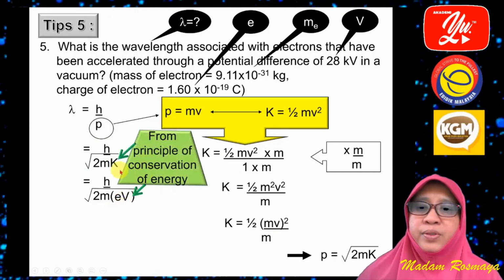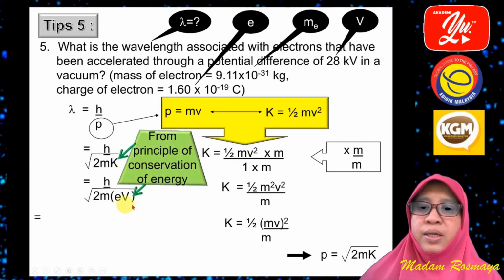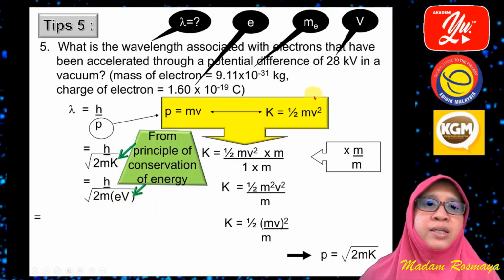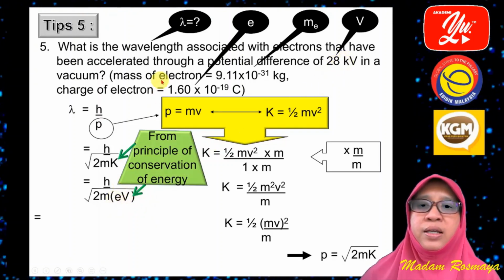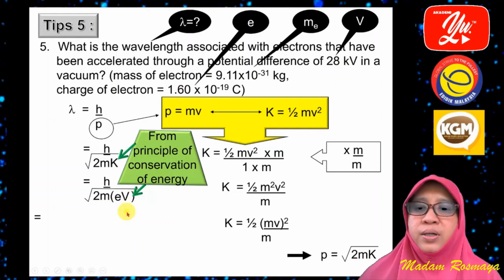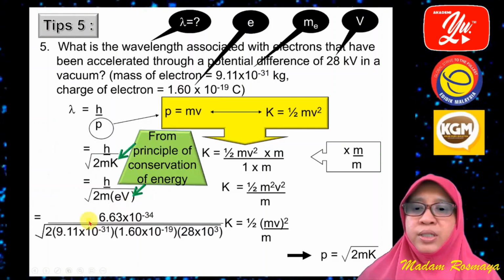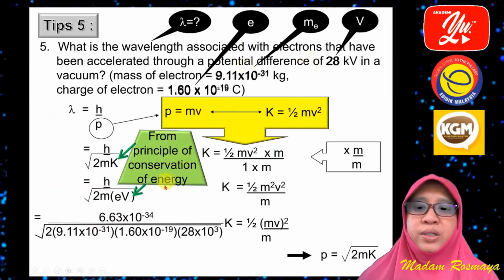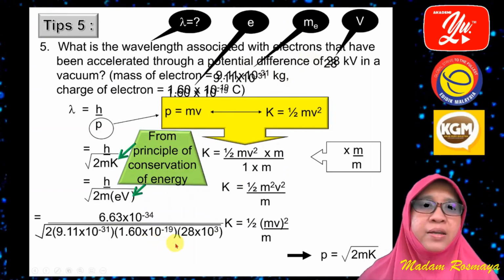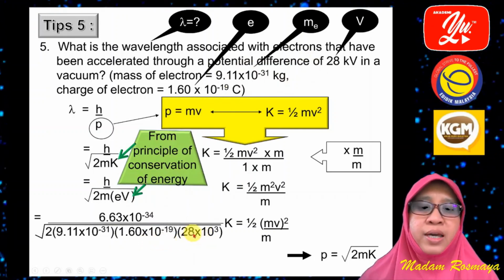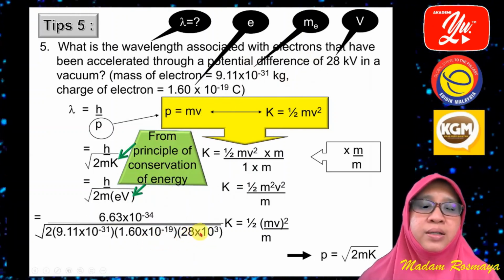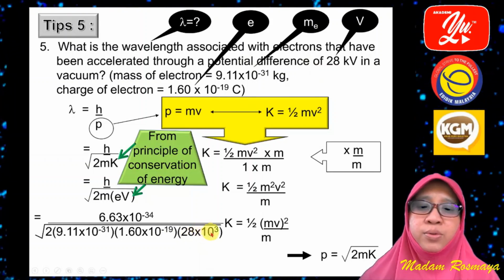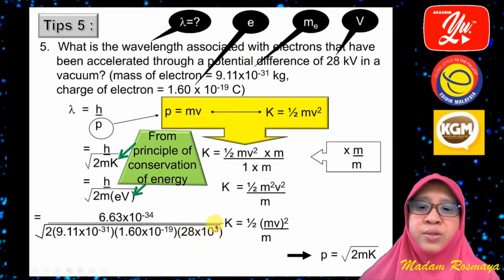So from here we can substitute the V here, 28 kilovolt, and the charge of electron. We substitute all these values into the equation, and don't forget to convert 28 kilovolt into volt, so times 10 to the power of 3.